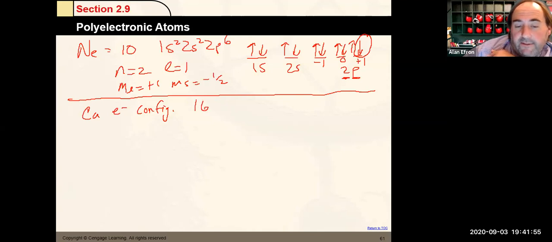Why not? What are the 4 quantum numbers? If you want, you could just do the electron configuration. You don't have to do the orbital diagram. So what is the electron configuration? And what are the 4 quantum numbers for the 16th electron that went into calcium?